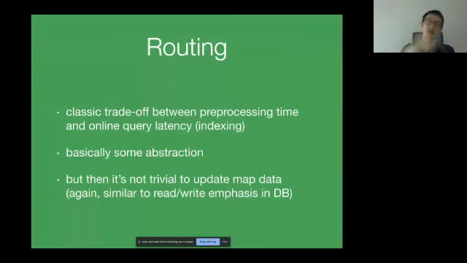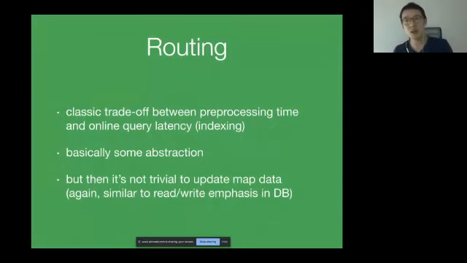Similar things apply to the routing problem. We have to pre-process the whole road network, the map data, the graph. We have to make the graph sparse, so that the sparse graph is an index of the whole original road network.